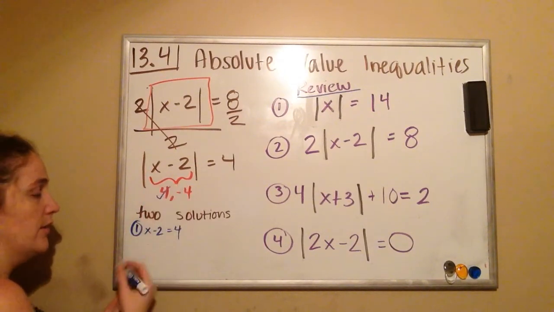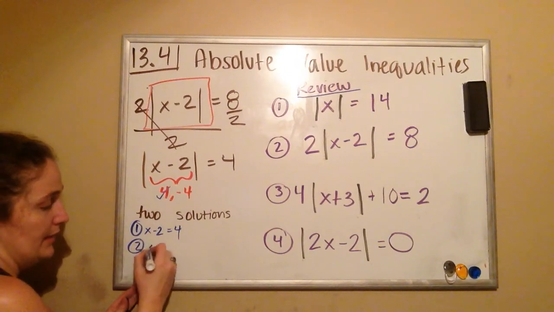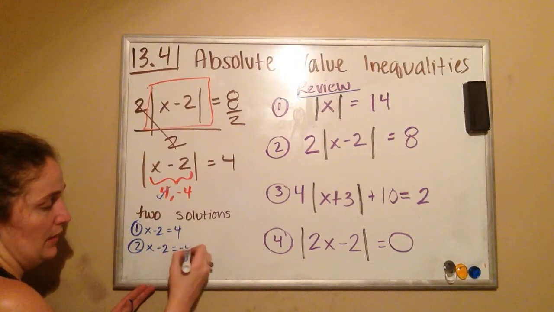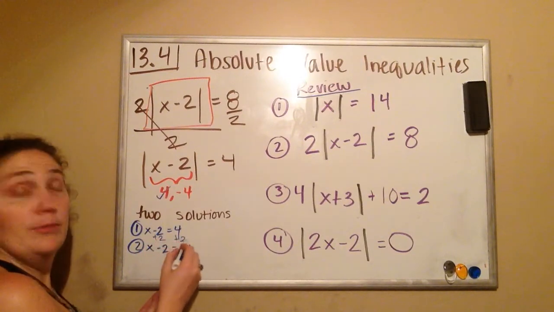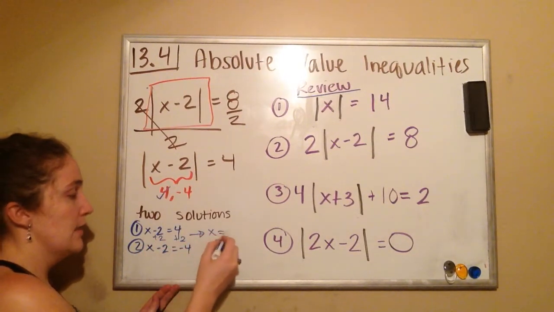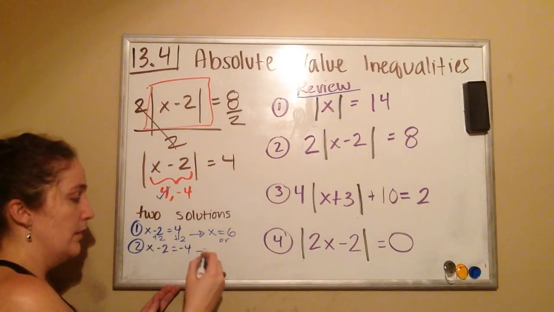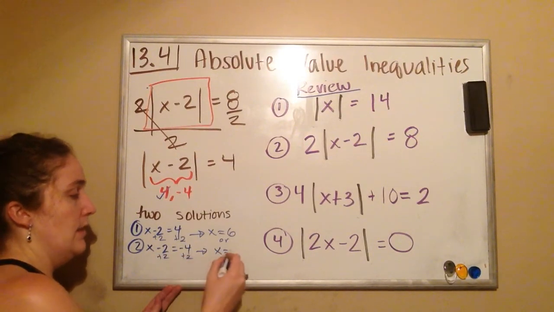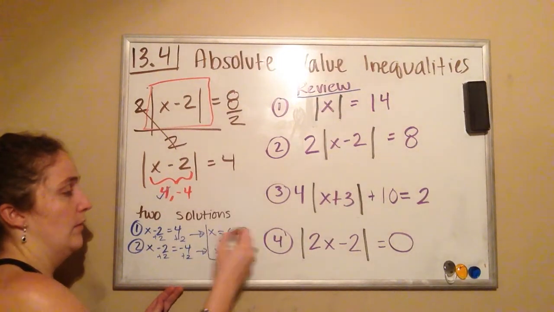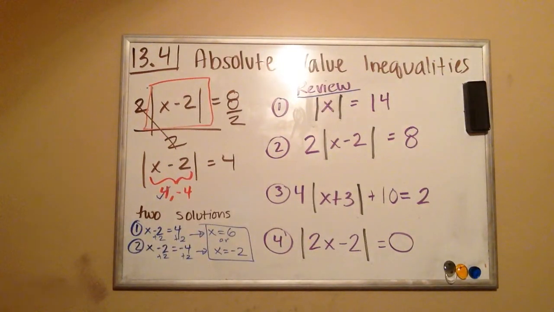Our second scenario is that x minus 2 is equal to negative 4. When we actually solve these out, add 2 to both sides, we get x equals 6, or, for this one down here, x equals negative 2. And those would be our 2 solutions for number 2.